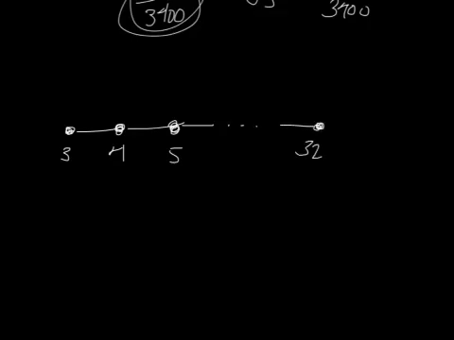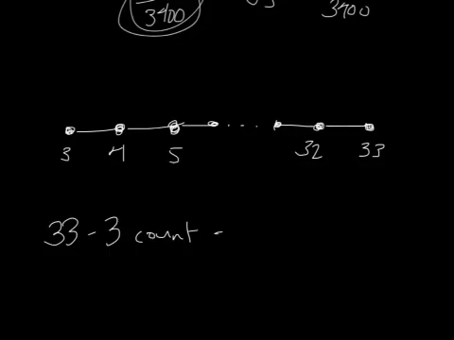Here's 32, and here is 33. Okay, 33 minus 3 counts the gaps. In other words, what I'm counting is this thing, and then that thing, and there are 30 of those, right?